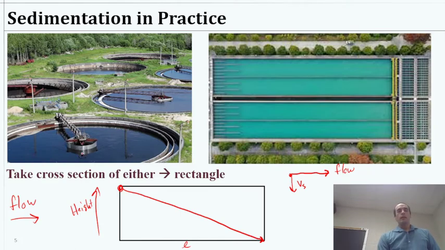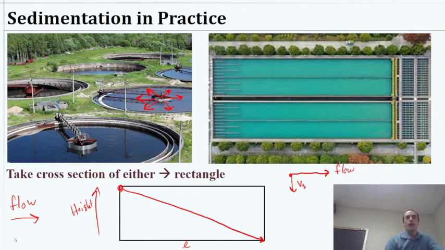The other one would be a circular system. And in this case, it's maybe not immediately obvious, but you can actually do the same thing if you just take flow coming from the inside. So I'll draw this up here. Flow is going to be going radially outward from the centerpiece and collected along the edges.